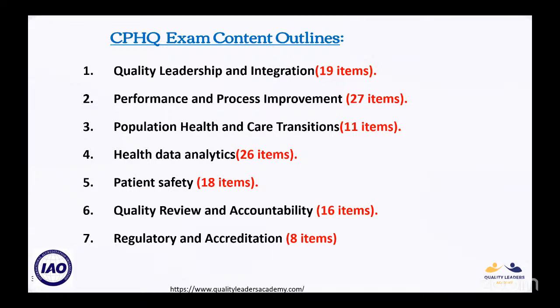I'm just showing this because you are supposed to know how many questions you are going to get from the different domains of the exam. Look at these 7 domains: quality leadership and integration, performance and process improvement, population and healthcare transitions, health data analytics, patient safety, quality review and accountability, regulatory and accreditation. That's 125 items in total.